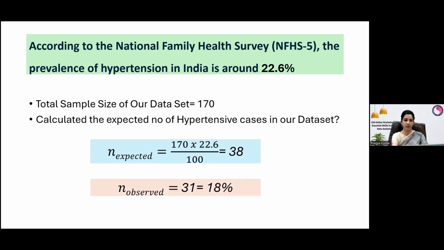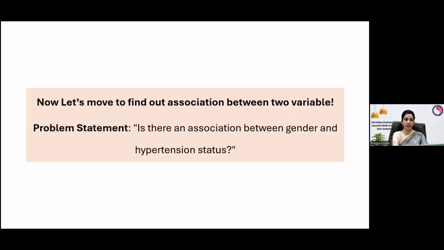But what was the observed? Observed was 31. So out of 170, 31 were hypertensive. If I calculate the percentage, the observed is 18%. So there is a difference of about 4% between the observed and expected.